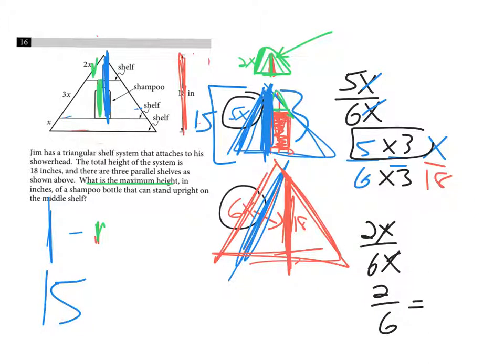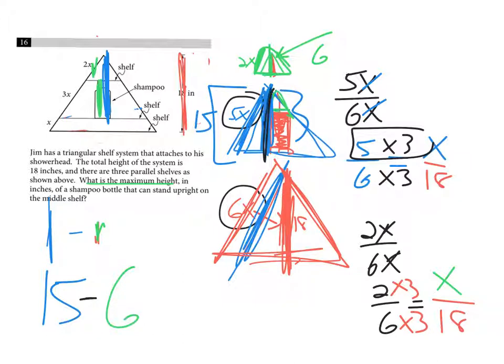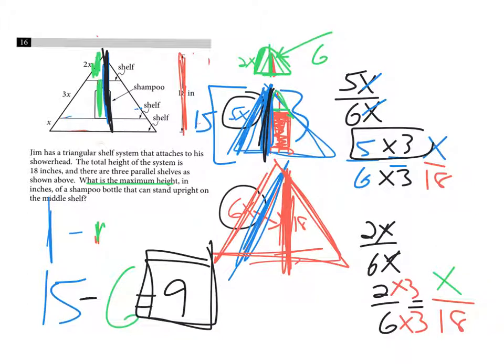I know the height of the red is 18, so what does that make the height of the green? Well, 6 times 3 is 18, so 2 times 3, or 6, is the height of the green triangle. So the height of the shampoo bottle is the height of the blue, which is 15, minus the height of the green, which is 6, or 9. So there your answer is 9.